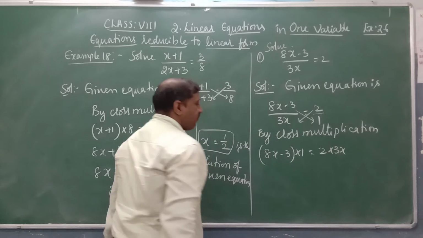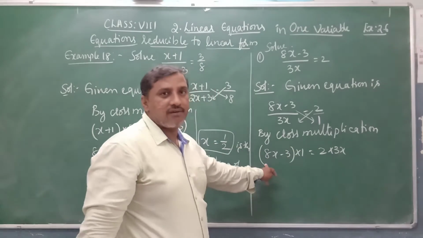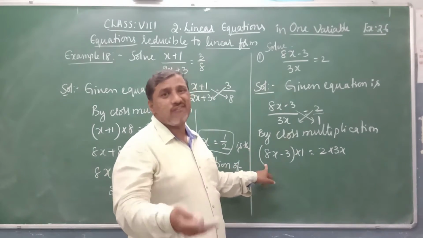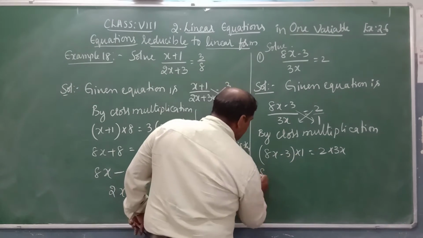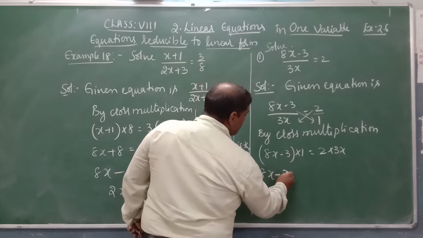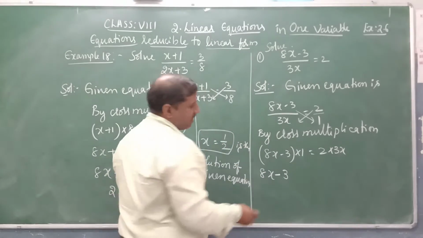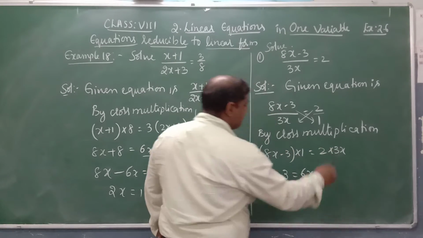Now simplify. We are multiplying with 1. When we multiply any number with 1, we get the same number. So 8 into 1 is 8x, minus into plus is minus, 3 into 1 is 3, so 8x minus 3 is equal to 2 into 3, which is 6x.